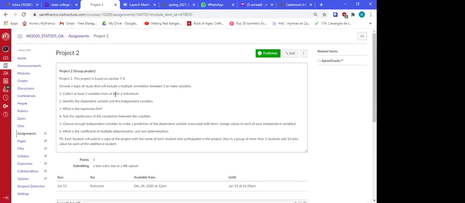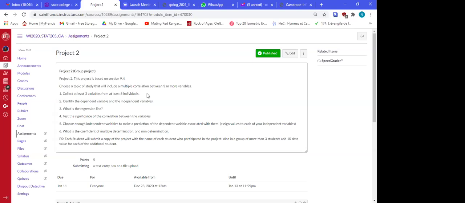So for your project, you are going to collect at least 3 variables from at least 6 individuals. This is just an example. Let's say that you want to determine if amount of sleeping time, length of study, level of anxiety are all correlated to the score in the test.